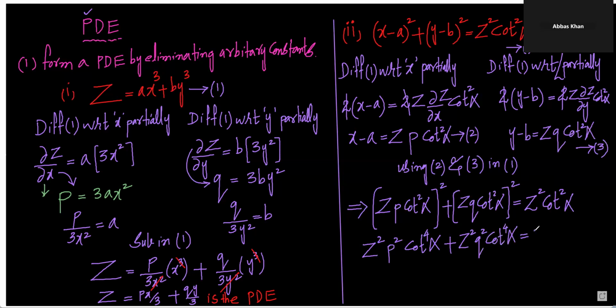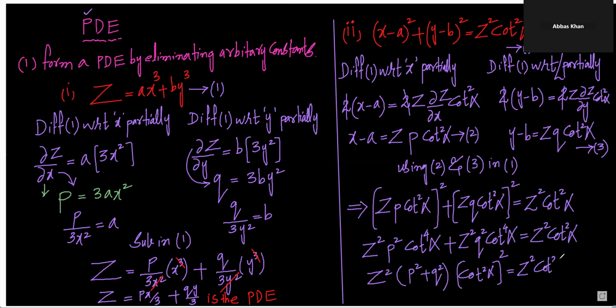Is equal to z square into cot square alpha. Taking z square common, and cot power 4 alpha common, we get p square plus q square. Look at that. How many terms are cancelled?